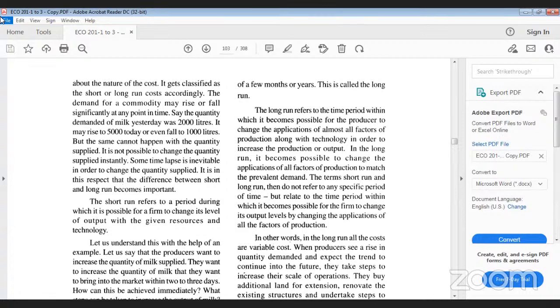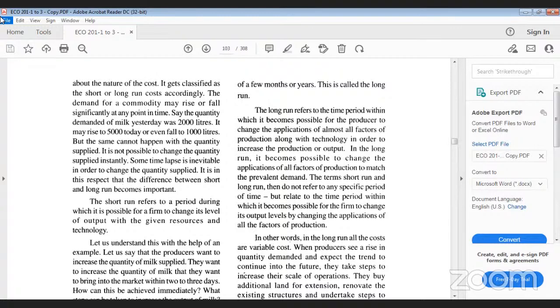The long run refers to the time period within which it becomes possible for the producer to change the application of almost all factors of production, along with the technology, in order to increase the output. In the long run, it becomes possible to change the applications of all factors of production to match the prevailing demand.